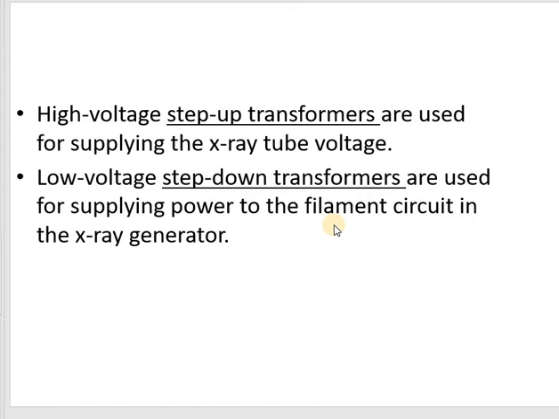A high voltage step-up transformer is used to supply the X-ray tube, the potential difference between cathode and anode, and low voltage step-down transformers are used to supply power to the filament circuit in the X-ray generator.